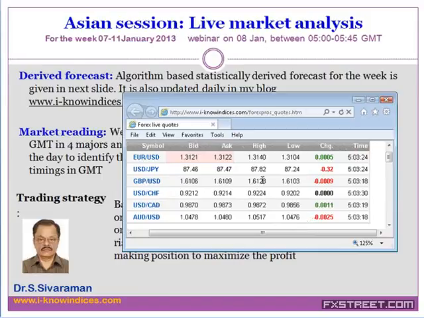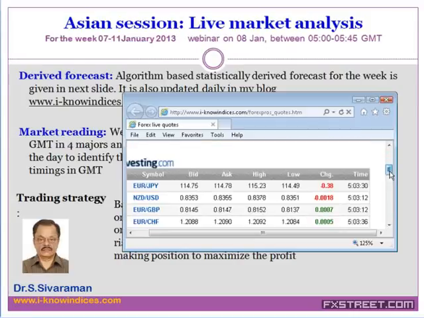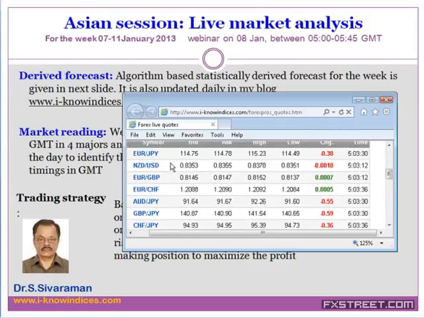If we look into the yen crosses, you will come across that euro yen is trading near the low and has firmed up slightly because euro is in positive net change, and also GBP yen is trading closer to the low. So they are trying to make a downward stop in the case of all the yen crosses here, and later on they will gain further levels.